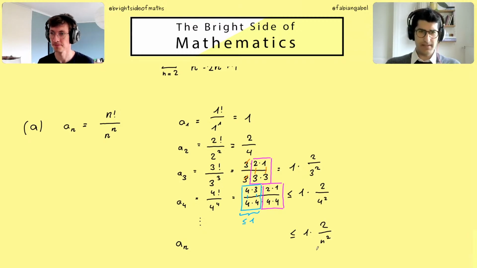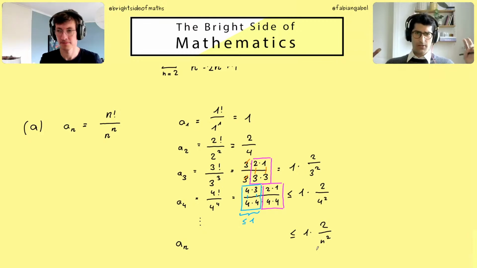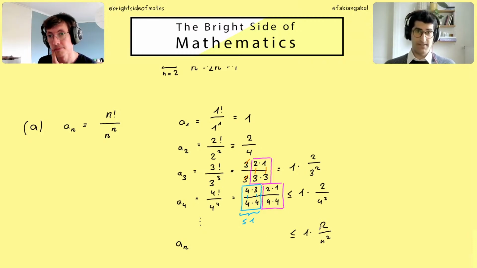So this will be the idea here. And to give you an outlook, we have now already seen that it may be possible to prove convergence, and we want to do it now with a comparison test.